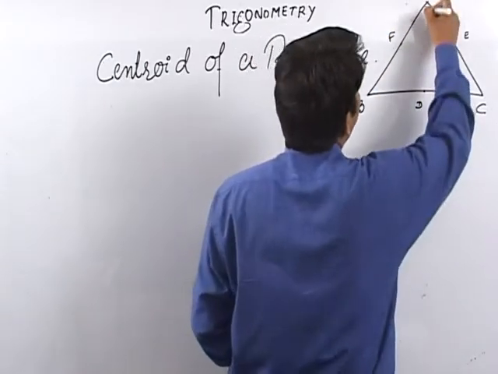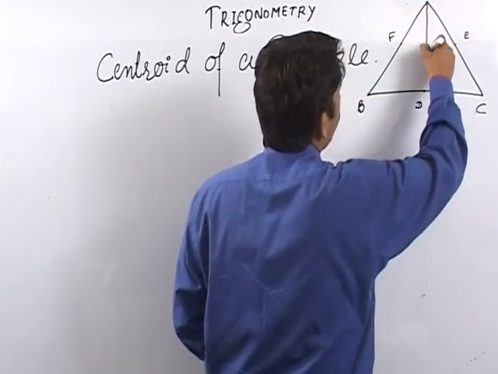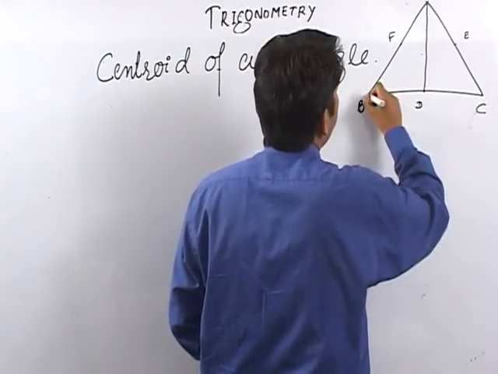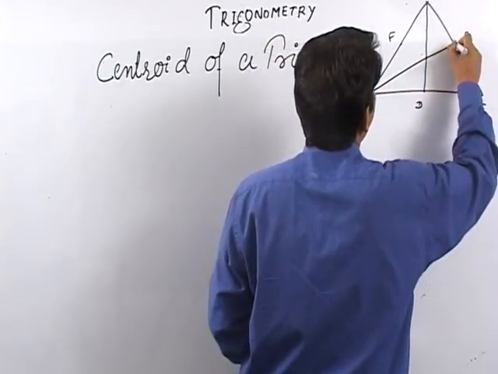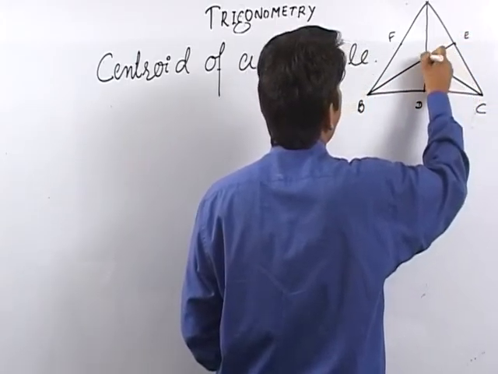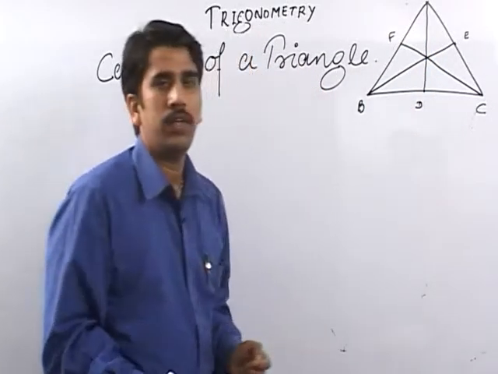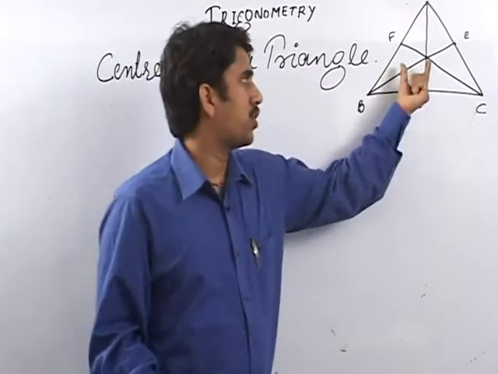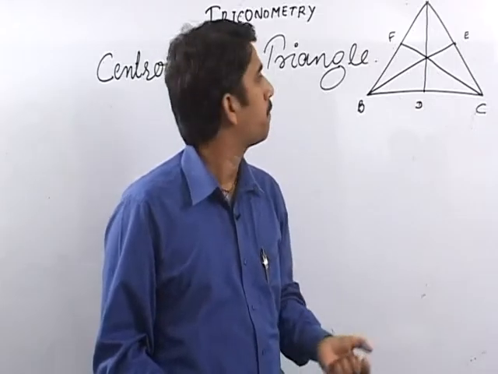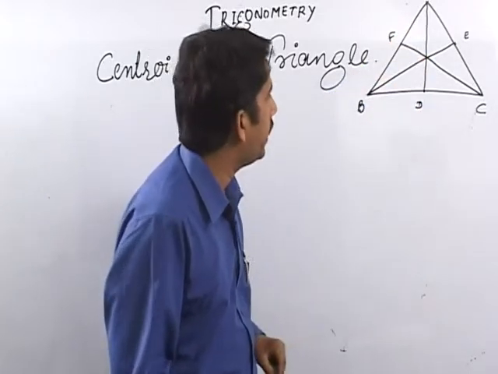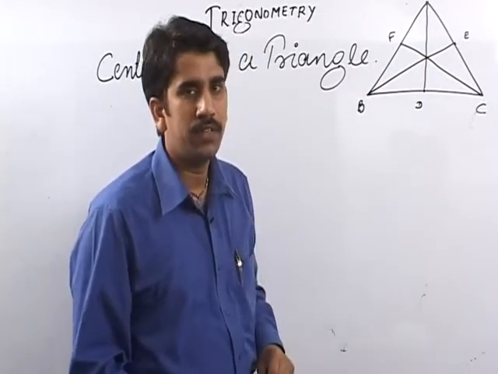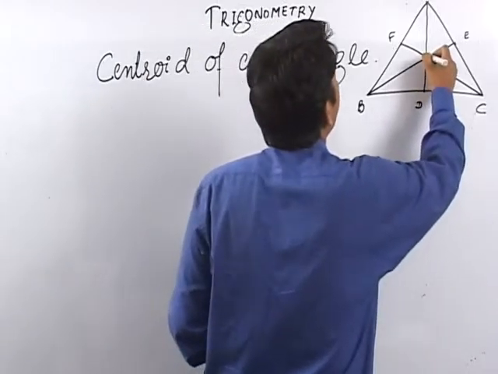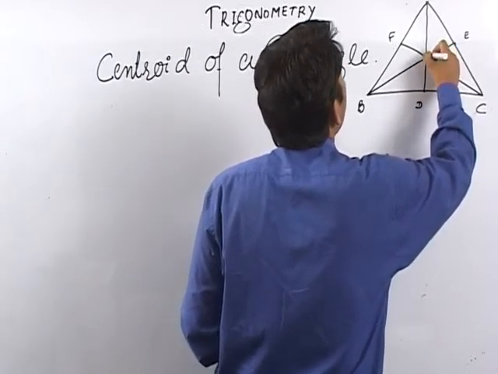When you join point A with point D, B with midpoint E, and C with F, then the point of intersection of these three lines AD, BE, CF is a centroid, where these three lines meet.